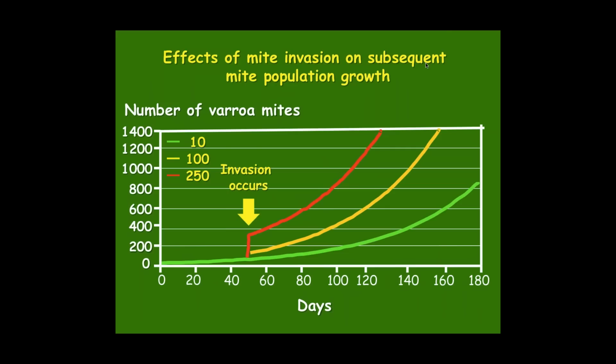The lines represent the intrinsic growth rate, and where the arrow is represents invasion by Varroa. Green line is invasion by 10 mites, yellow by 100, and red by 250. So you can see what a profound effect that has on how long it's going to take to reach that 1,000 mite treatment threshold.